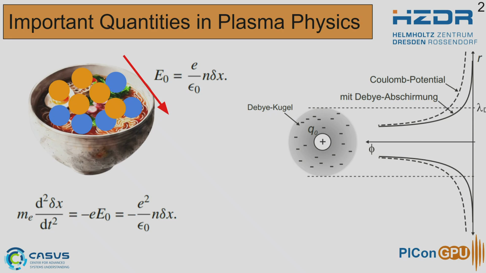And so you can see on the right-hand side a plot of this Coulomb potential, where on the vertical axis, the further you go in radius, the weaker this shielded Coulomb potential becomes, compared to the actual Coulomb potential which the charge would have without all these electrons surrounding it. And so the Debye length, this lambda D, is the distance after which you basically don't have to care about this Coulomb potential anymore.